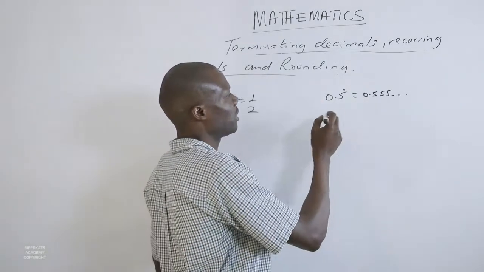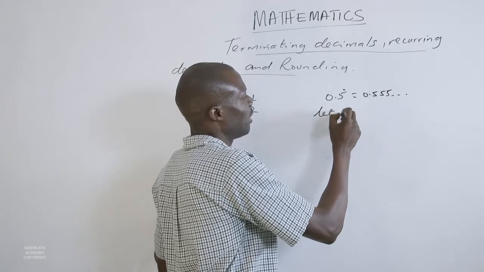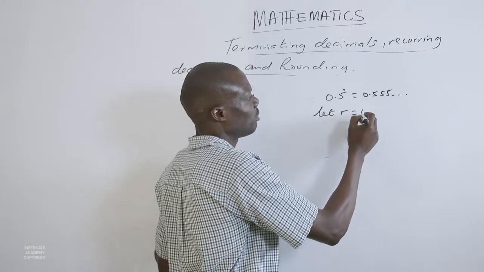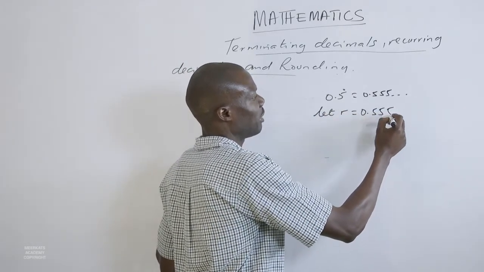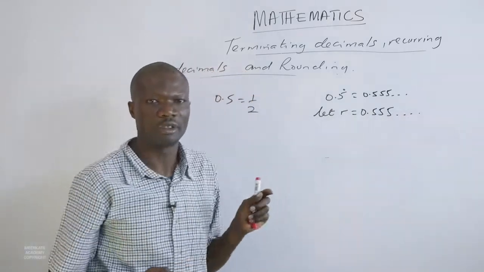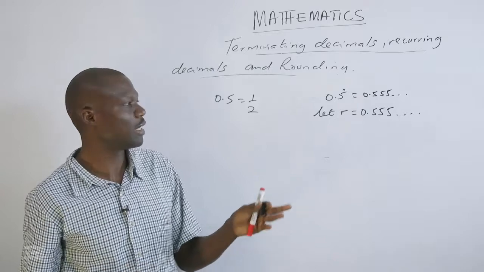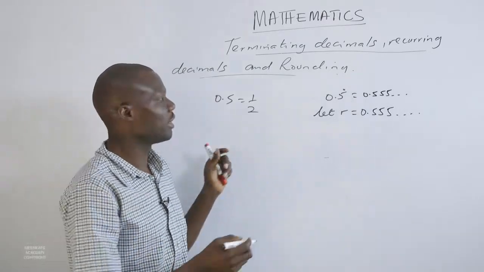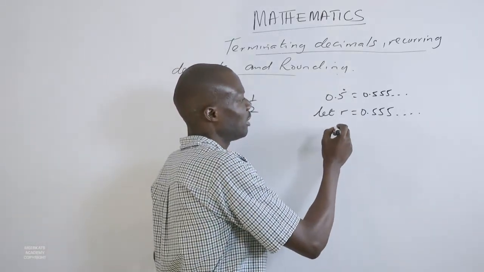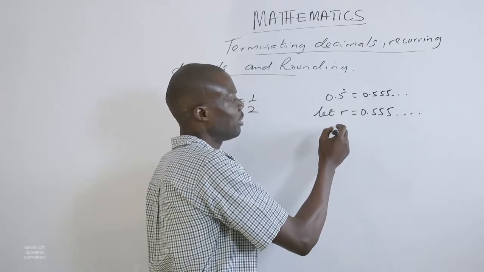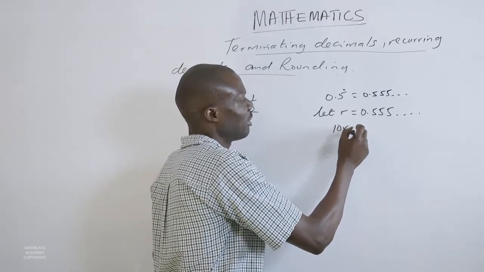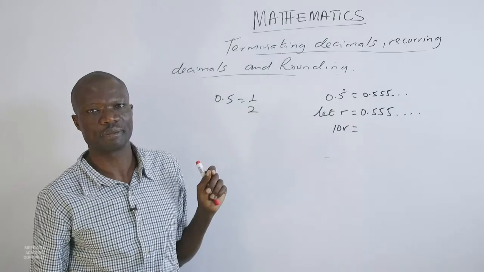So we start by saying, let R be what we have, 0.555 and so on. Then if we multiply R by 10, the way we were just doing, 10R will be the same as what?